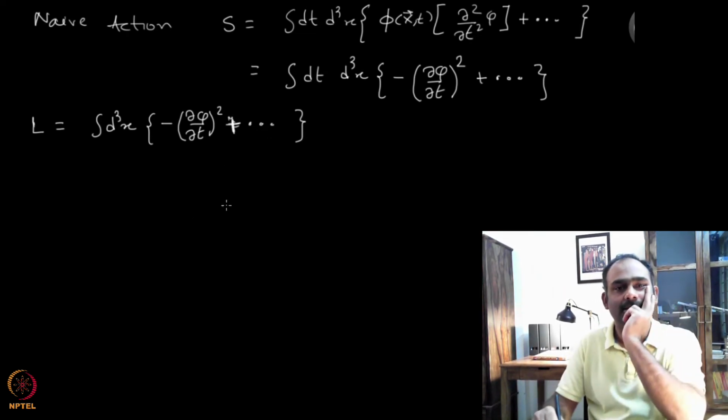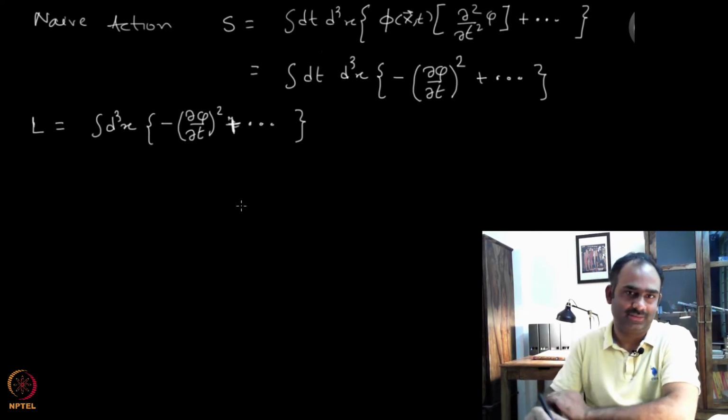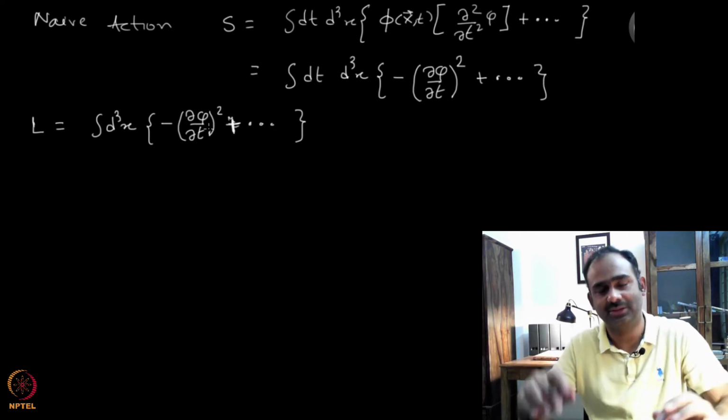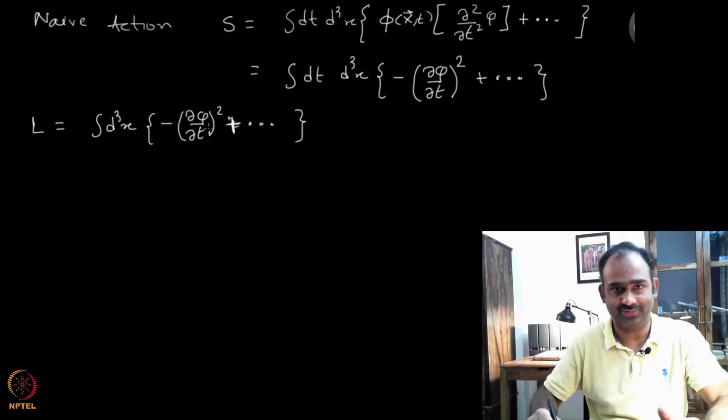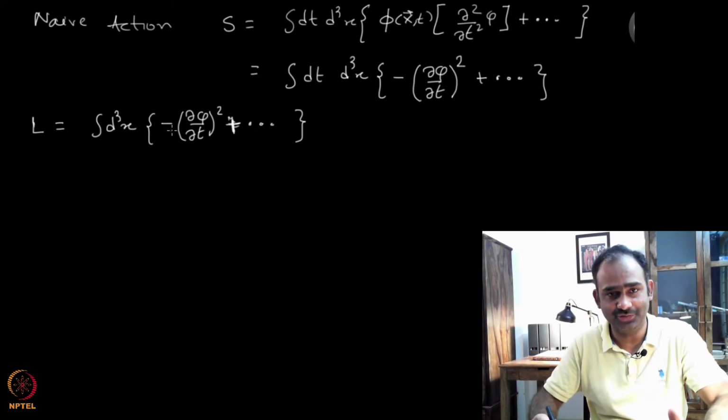Now, this is a kinetic term. So Lagrangian is kinetic energy minus potential energy, and the kinetic energy has to be positive. Now, this is a square, so this is always positive. But if the coefficient is negative, then the kinetic energy becomes negative, which means this is not good.